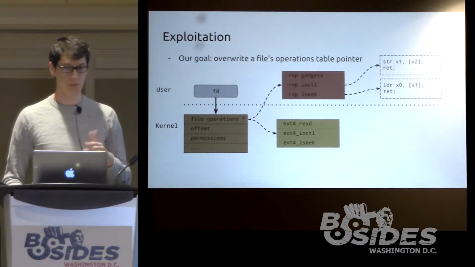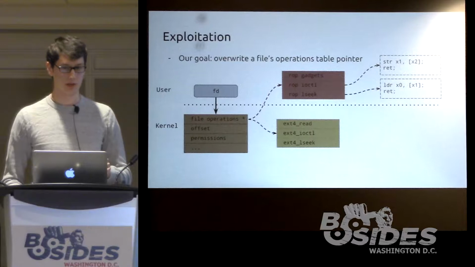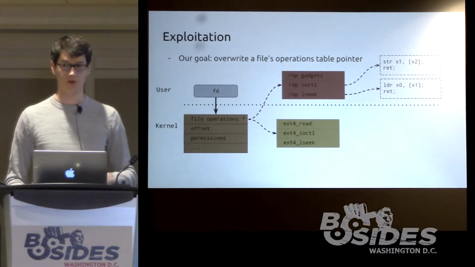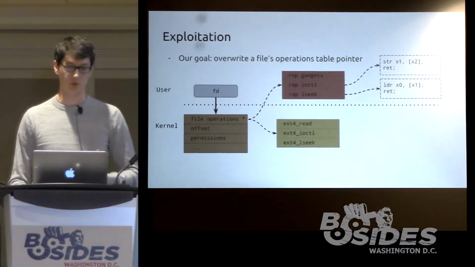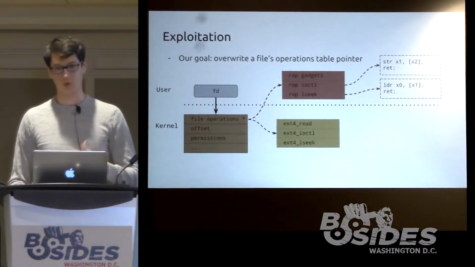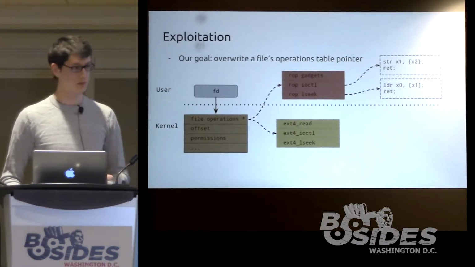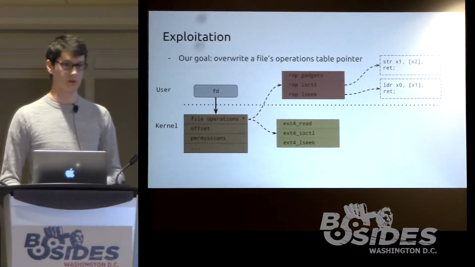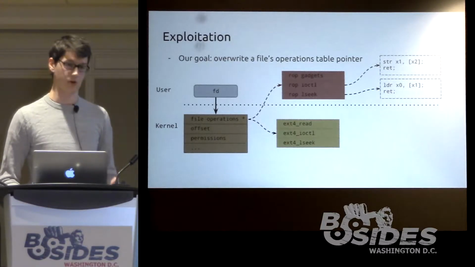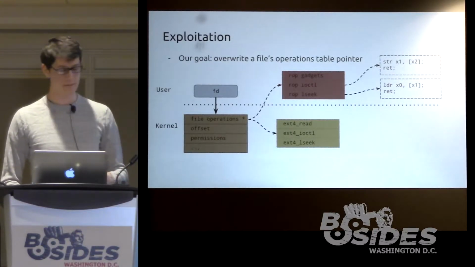Now, we want to point that file operations pointer table into userland, where we can control the values in that table and actually point it to different ROP gadgets. ROP, if you're unfamiliar, is a technique used to bypass something known as NX, or PXN, where we can't actually introduce code into the kernel.